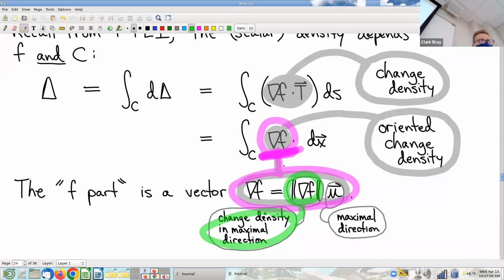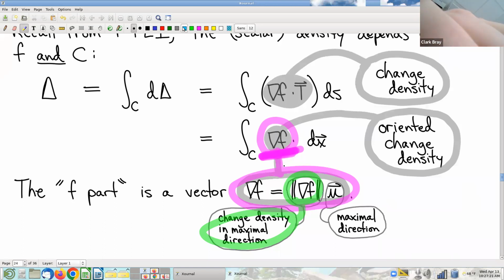How fast the function's changing in the direction that, of course, it's actually changing. And if I go off in the wrong way, then of course, I'm not going to experience as much change as the function's doing if I'm not going the right way, right? But in a very natural sense, this is telling you how much the function's really changing.